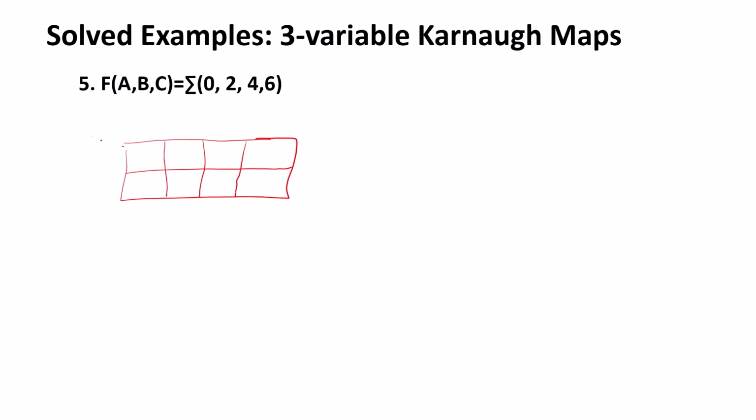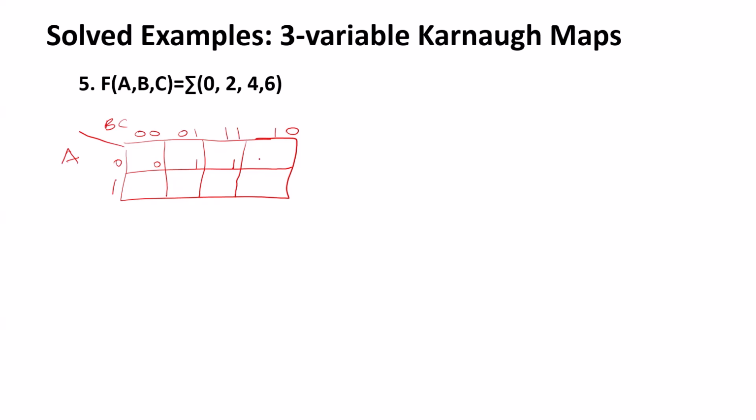So we have A, we have B, C. So as we have done before, we know this is 0, 0, this is 0, 1, this is 1, 1, and this is 1, 0. This is 0, 1.